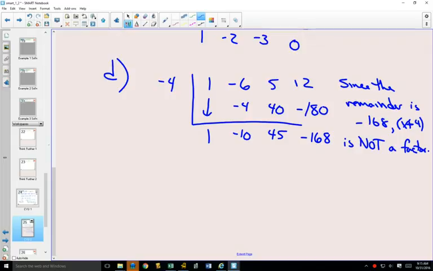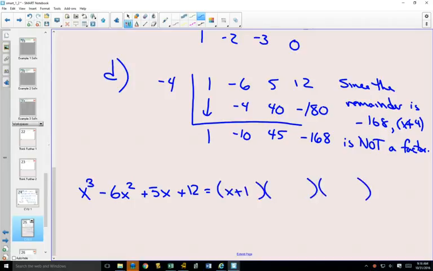So if we write our division statement here, we just found out we have factored this completely because we found all 3 factors.